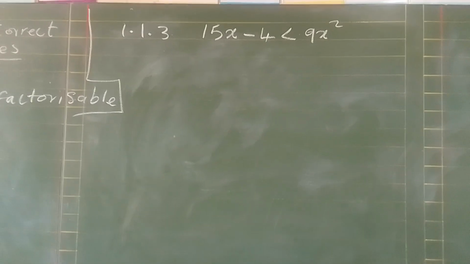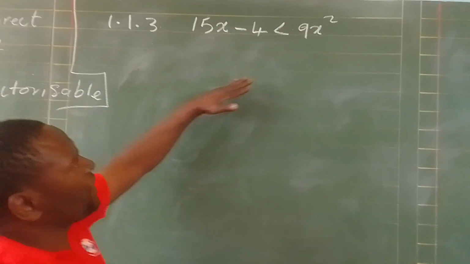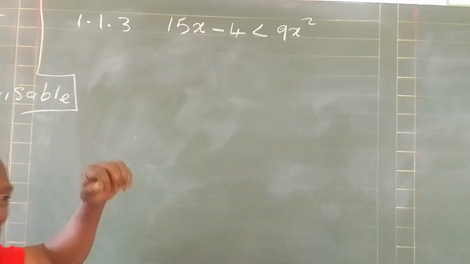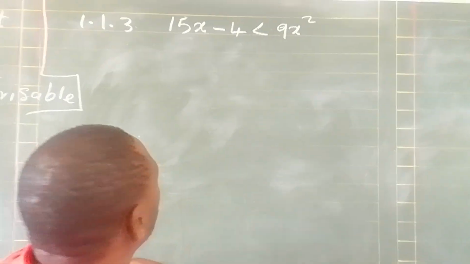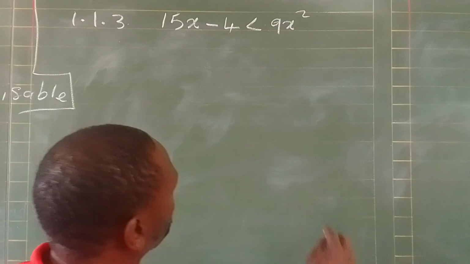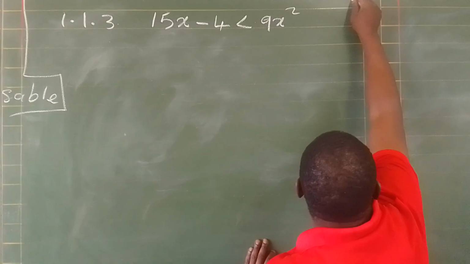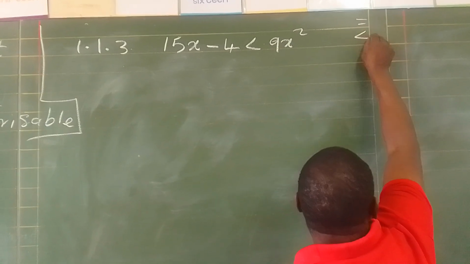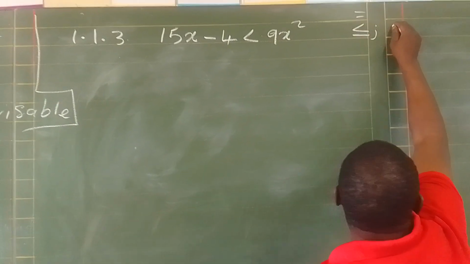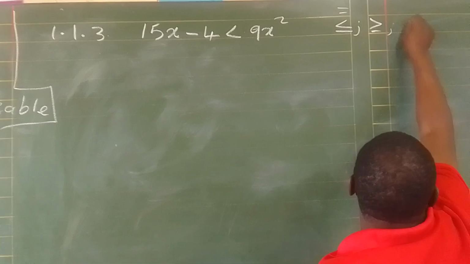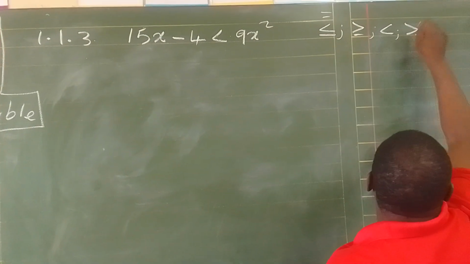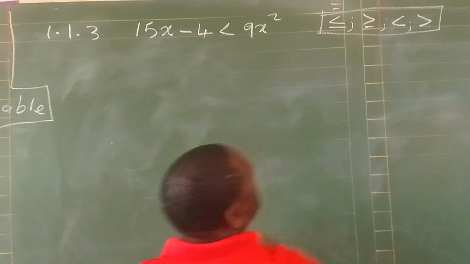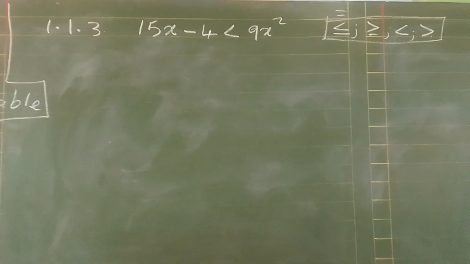Now this is one of the most important questions that they will give you, which is going to need you to be more analytic. If it is an equal sign, it's straightforward. But if it is an inequality, it takes this form or that form, and then you have to pay very special attention.